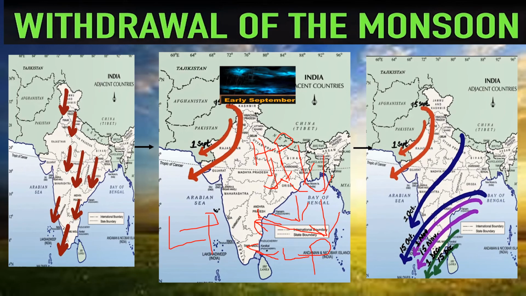So this is how Tamil Nadu receives rainfall during winters, or we can say Tamil Nadu receives rainfall from the northeast monsoons or retreating monsoons. So did you understand what is withdrawal of monsoons, or how does the flow of northeast monsoon take place?